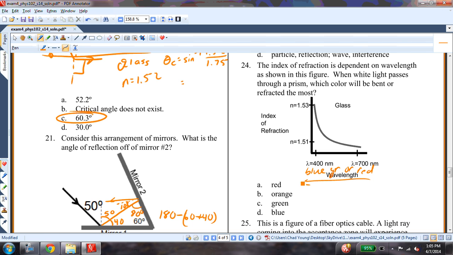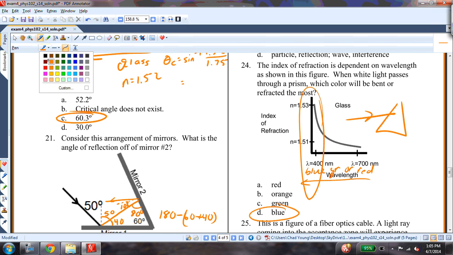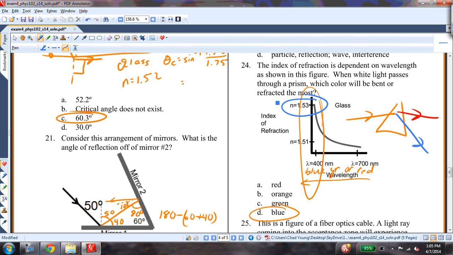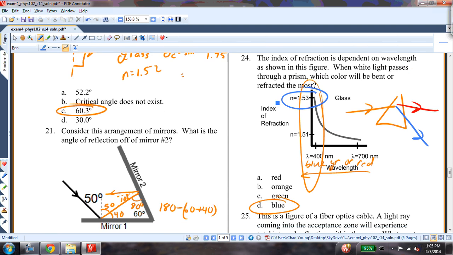And the one that will be bent the most will be the one with the larger index of refraction. So that's on this end of the spectrum, so that's going to be blue. So if I have white light coming in, my red light will be bent like that, and then my blue light will be bent a lot more because the index of refraction is bigger. And then the orange, yellow, green, blue will fall in between.